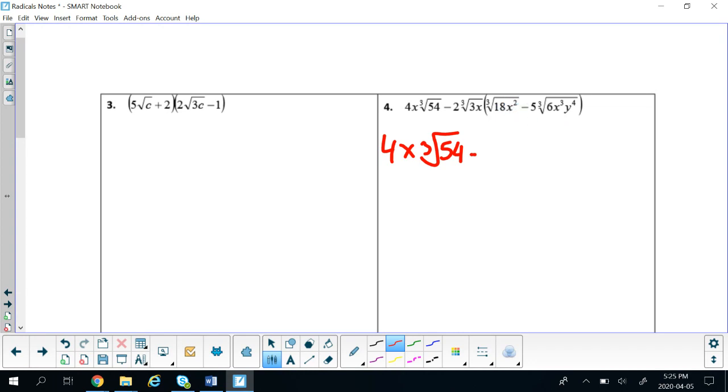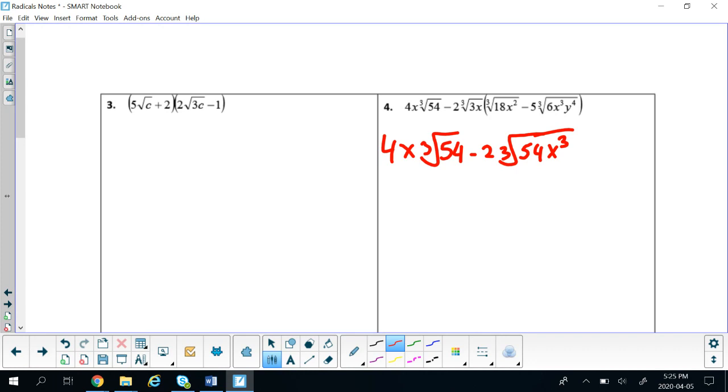So we get negative 2. Whatever is inside a cube root, we're gonna multiply them together, which means we're gonna multiply these two radicands, 3x and 18x squared. So when we multiply these two radicands, we get 54, 18 times 3 is 54, x cubed.